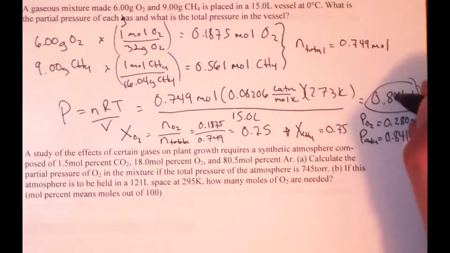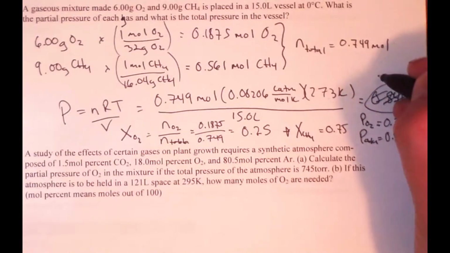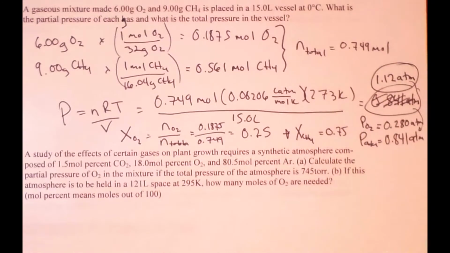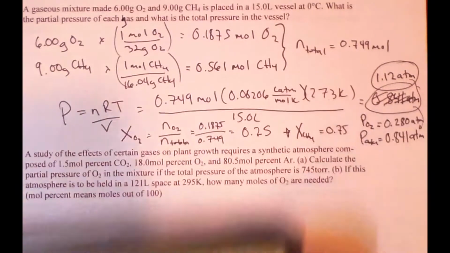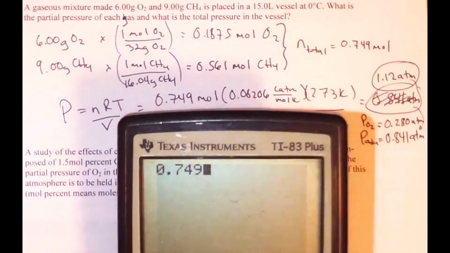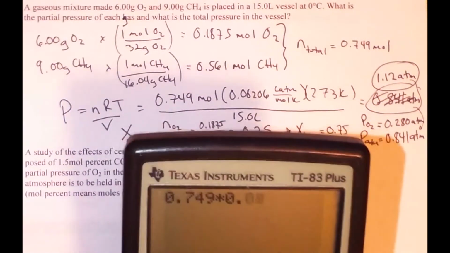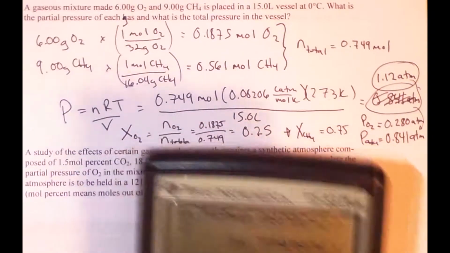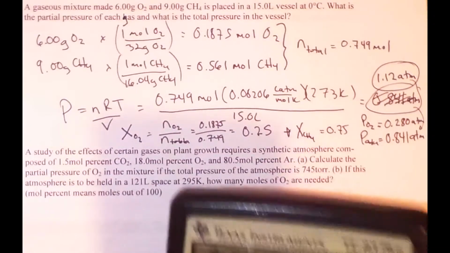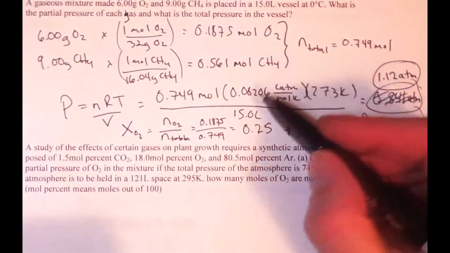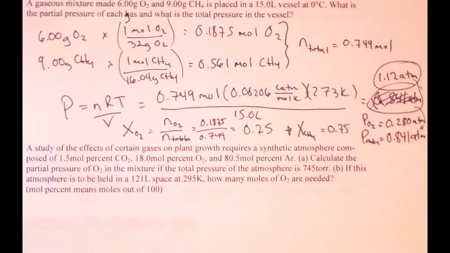Which means that this is the pressure of this value, and this should be 1.12 atmospheres, because these have to add up to the total pressure. We just check our answer here. 0.749 times 0.08206 times 273 divided by 15. Yeah, the answer is 1.12 for this calculation. That was just a little error.